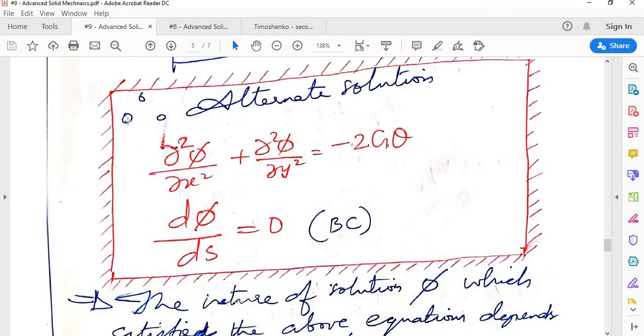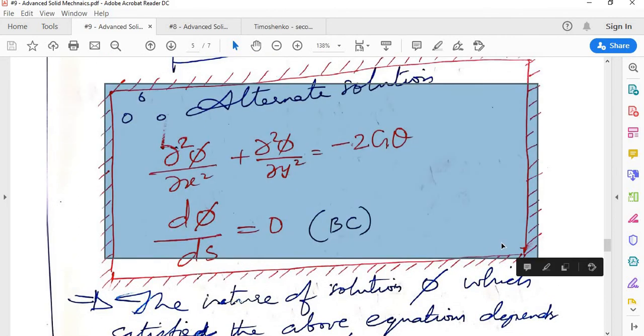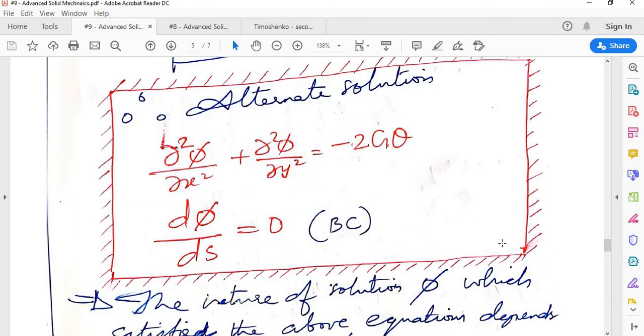Now the nature of stress function, if you recollect what we did so far in Cartesian coordinate system and polar coordinate system, for different types of problem there will be different types of stress function.